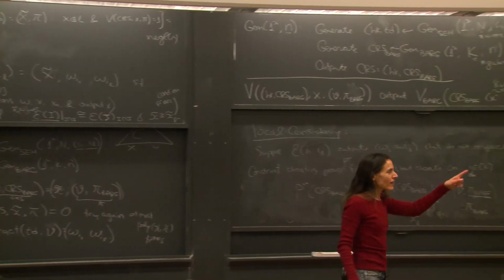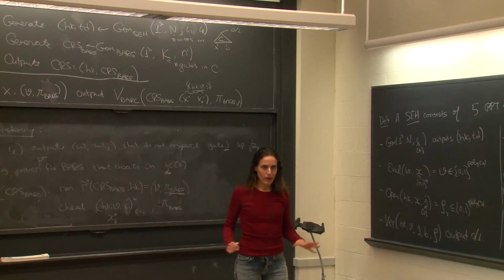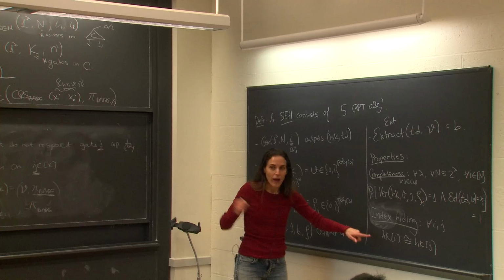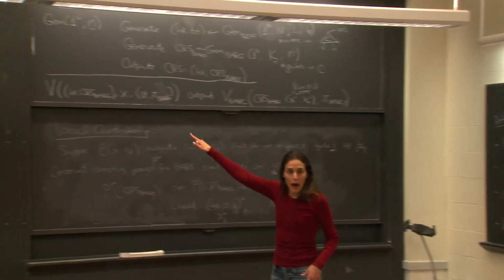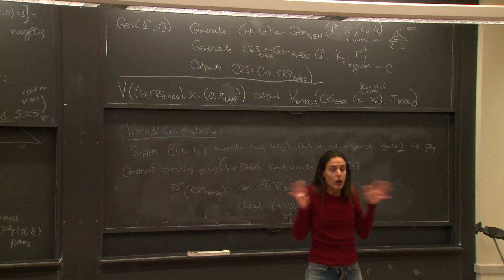In other words, think of the way we're going to construct the somewhere extractable hash as by repetition. We're going to repeat it many, many times. So even if I extracted wire I1, wire I2, wire I3, the indices behind the other wires are completely hidden.